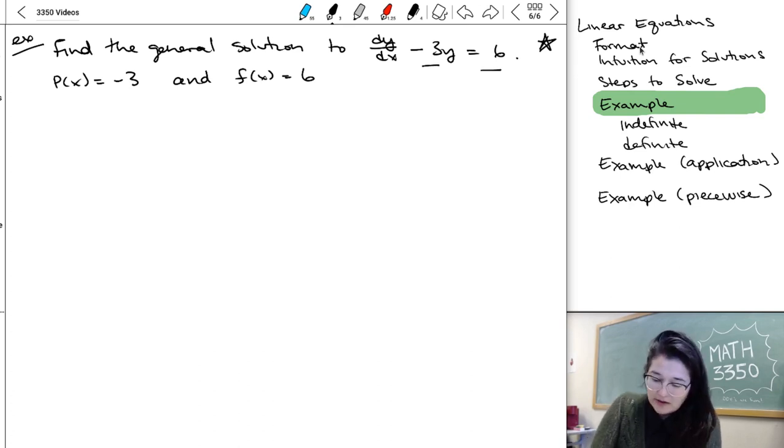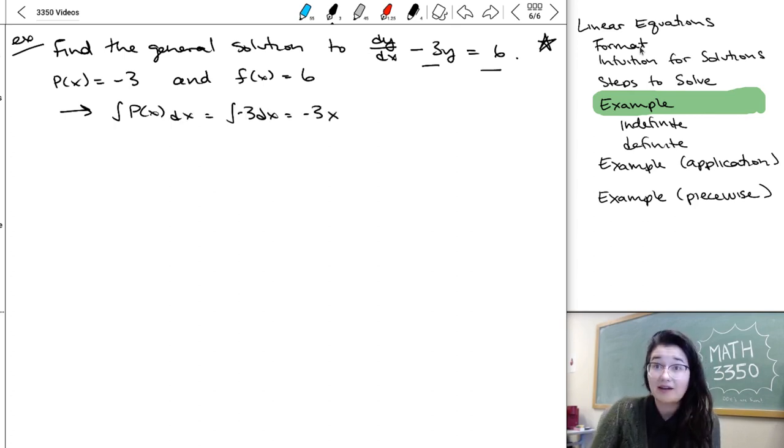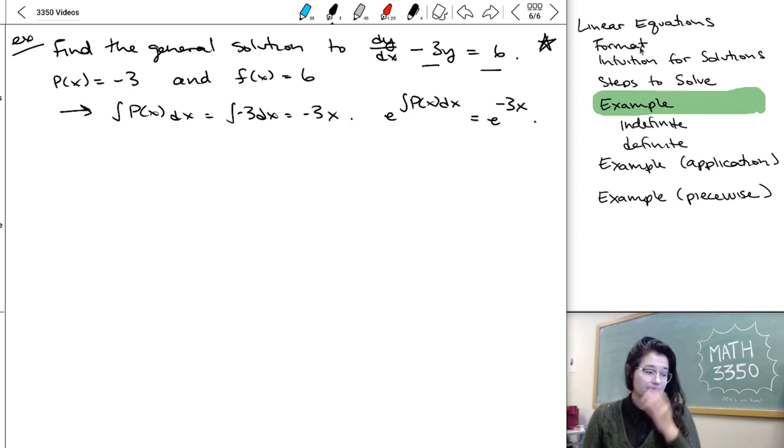Then we also need to solve e to the integral of p of x. So the integral of p of x dx is going to be the integral of minus 3 dx, which is just minus 3x. So e to the integral of p of x dx, which we needed to solve, is e to the minus 3x.